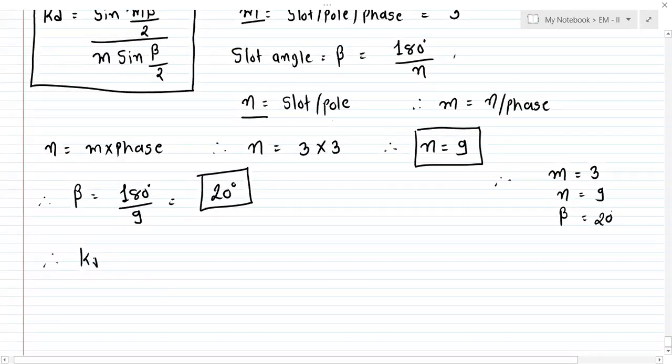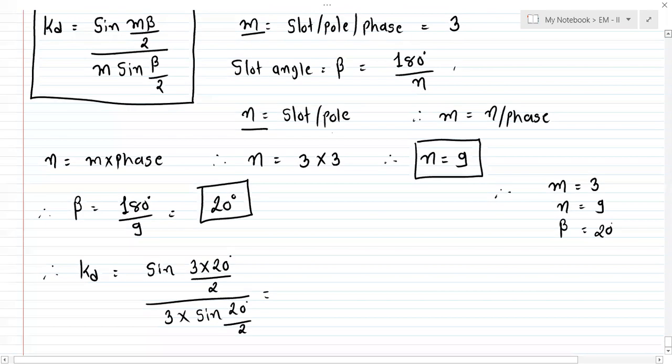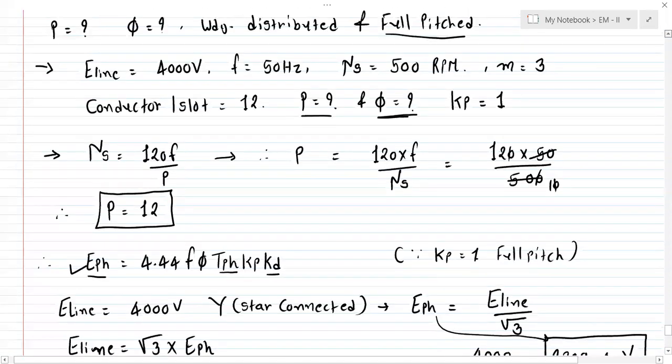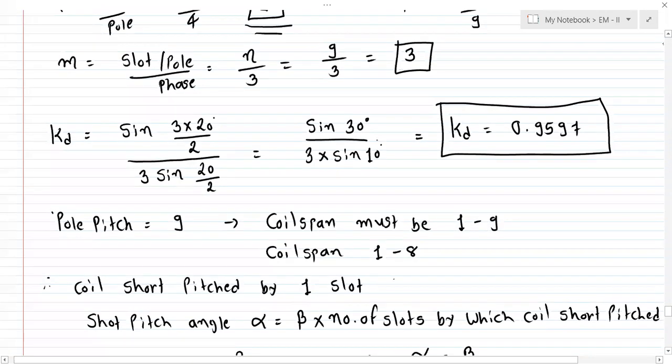My KD, or distribution factor, is equal to sine of m beta by 2, divided by m into sine of beta by 2. So m is 3 into 20 divided by 2, divided by 3 into sine beta by 2. It is the same value that we derived in the last session. So my KD is equal to 0.9597.